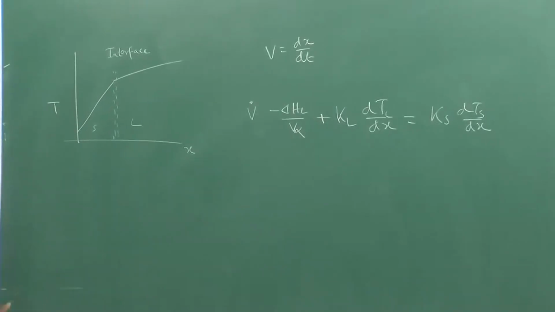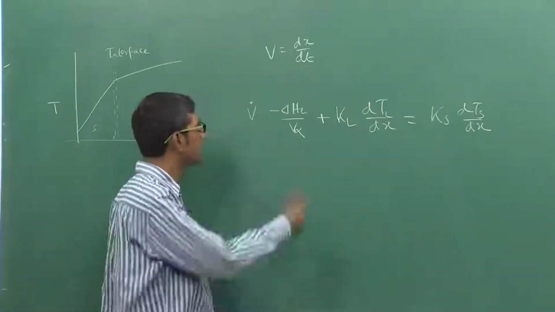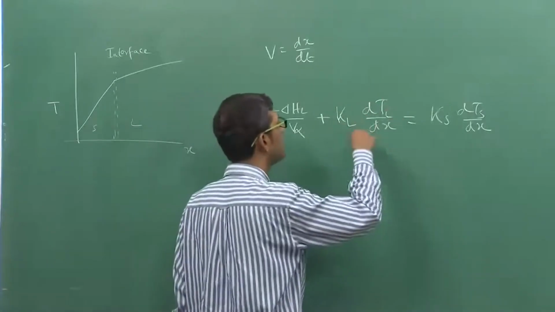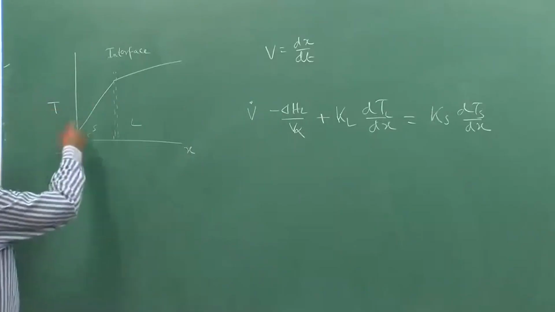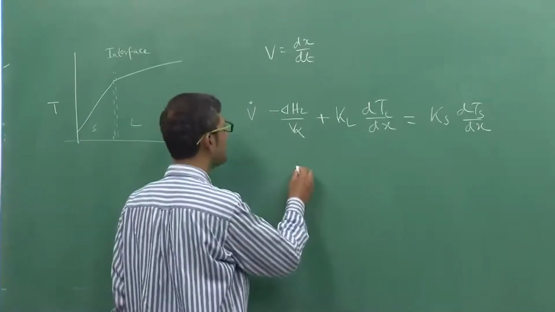So KL and KS are the thermal conductivities of the liquid and the solid. At steady state, this must be satisfied. The heat generation rate, because this is V dot, plus the heat transport to the liquid must be equal to the heat transport to the solid. So this allows us to calculate V dot.